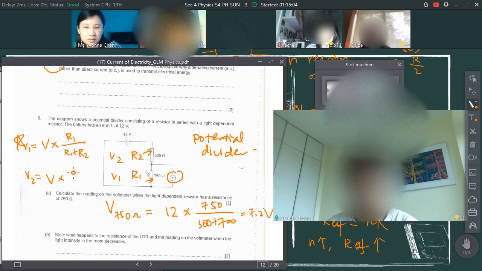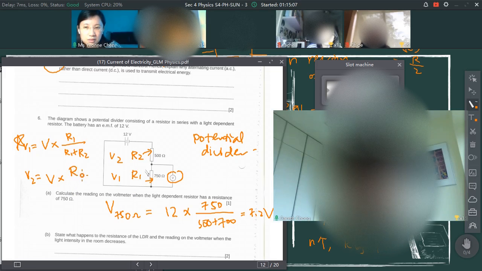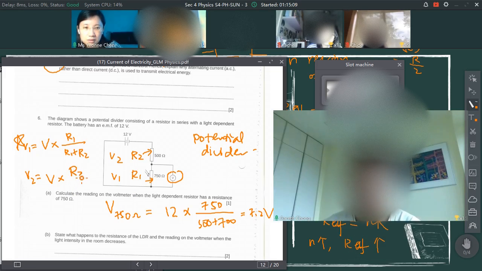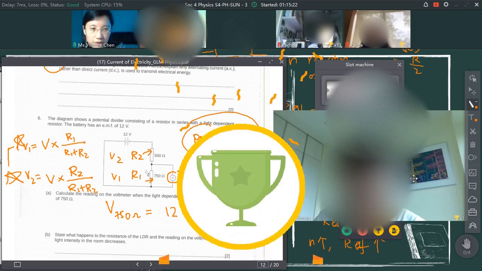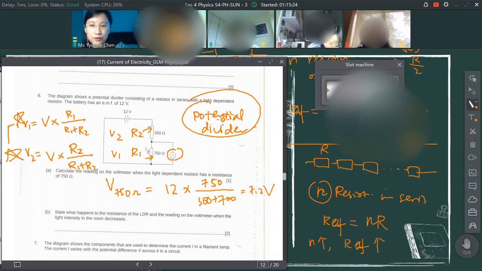V times R2 over R1 plus R2. Yes, very good. Class, these two use the concept of potential divider. Thank you, Gareth. Please copy down if you are not very sure.